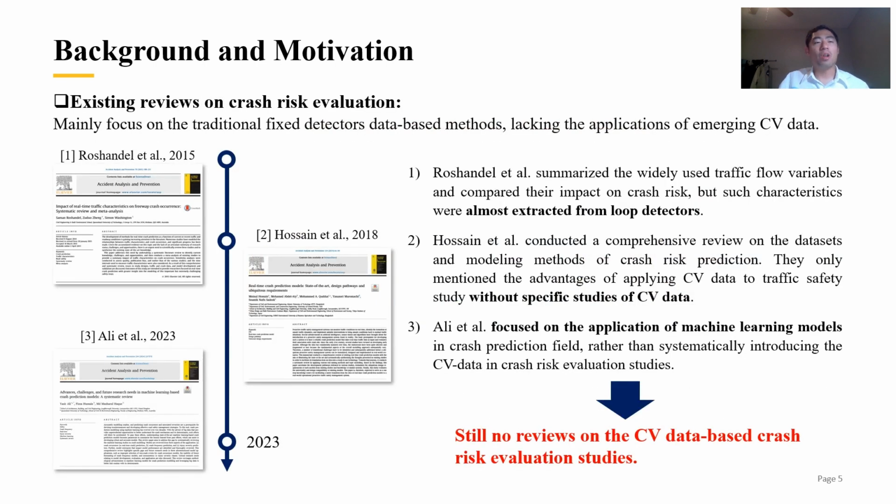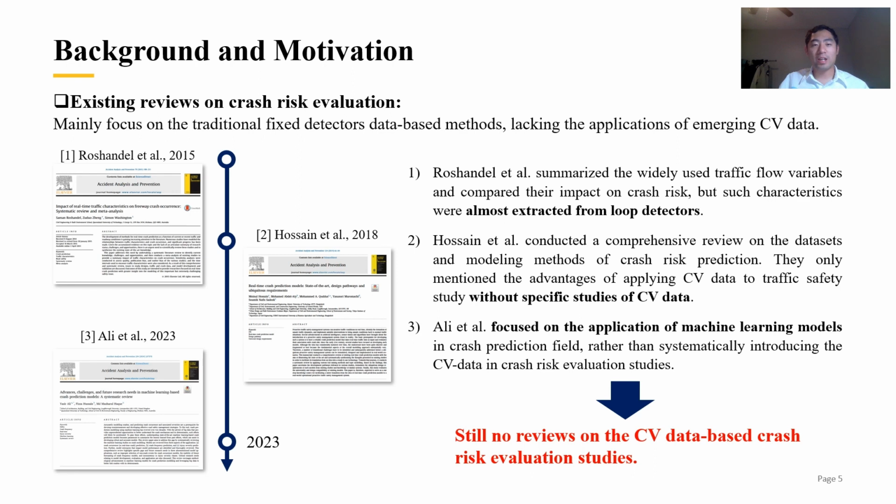But until now, the existing reviews about crash risk evaluation mainly focus on traditional fixed detector data, and the applications of emergent CV data are still lacking. For example, I found several review papers. Rochard summarized the widely used traffic flow variables and compared their impacts on crash risk, but such features were almost all extracted from loop detectors.